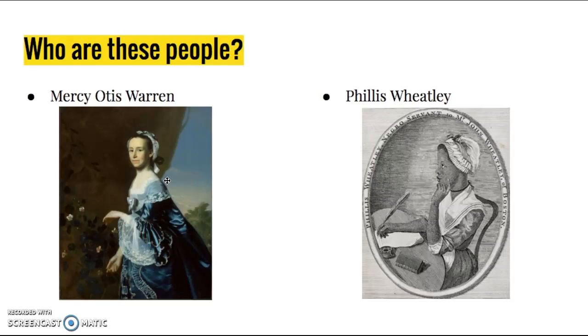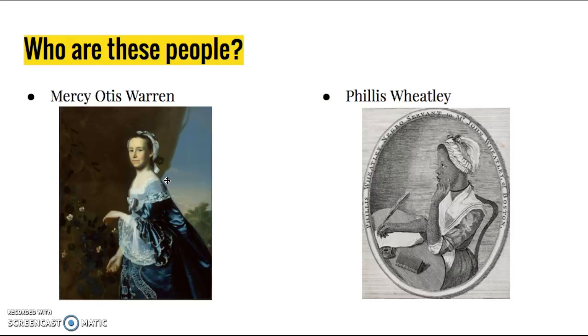pre-revolution America in a huge way, because the ideas they were putting out in their books, poems, and plays were very revolutionary. They were very patriot-like. They supported the idea of independence, and they really did kind of bash Britain in a lot of that, at least Mercy Otis Warren did.